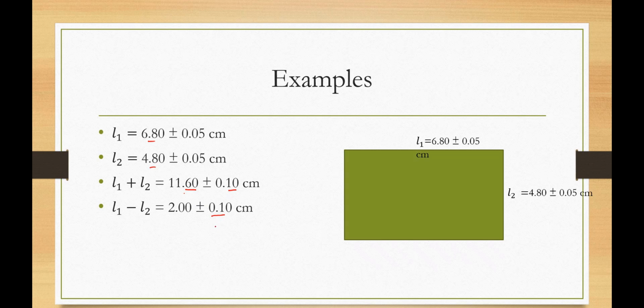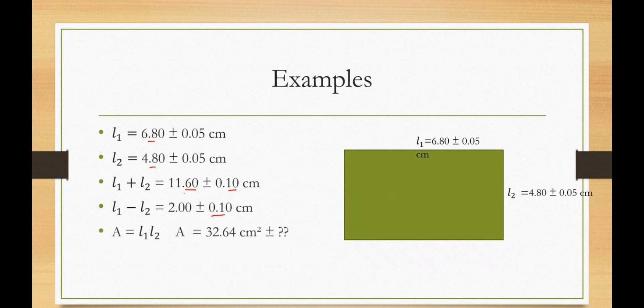What's the reason behind this? The uncertainties will not be eliminated, or I say reduced, as the experimenter takes two measurements. Whether I'm adding or subtracting, the uncertainties will be added up.